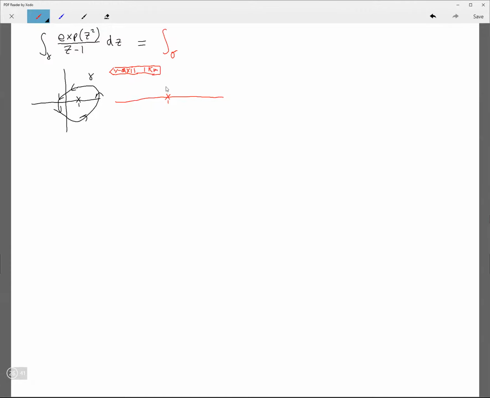And we'll say sigma is this curve right here. That's the sigma curve. And basically, if we were to look at it here, it would look like a little teeny curve, maybe even smaller than that.